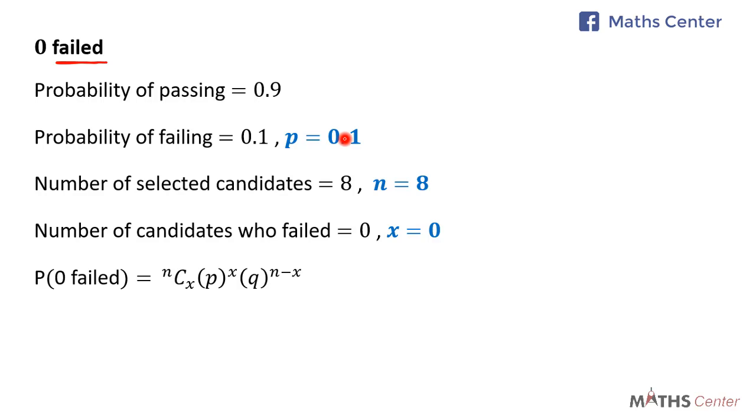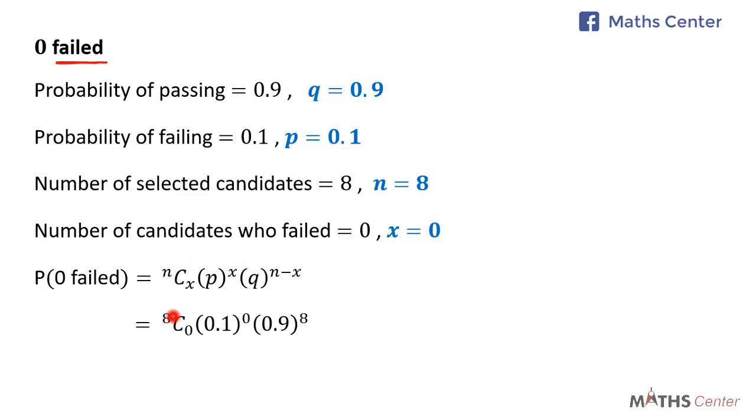If failing is success, then passing will be failure. So here, Q, which is the probability of failure, will be the same as the probability of passing, which is 0.9. So Q will be 0.9. We now have the values of P, Q, N, and X, so we substitute them here.